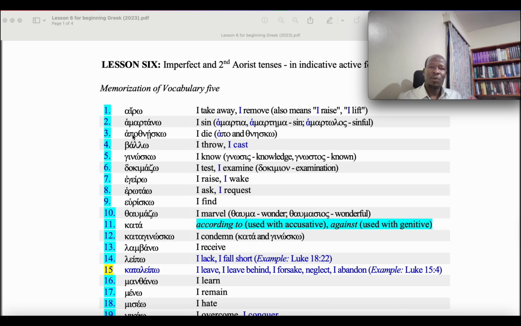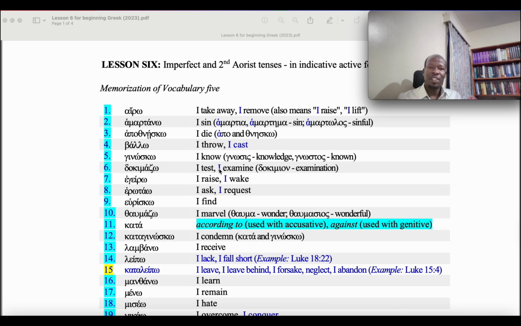So what you see here is a compound verb, isn't it? Apo, thnesko, I die. Baleo, I throw or I cast. Gnosko, I know. Gnosis, knowledge, and gnostos, known.